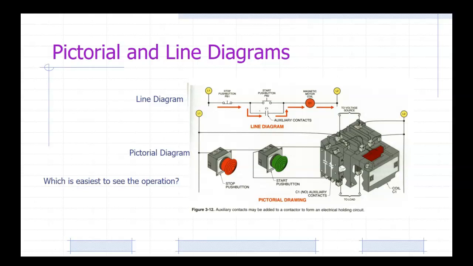Okay? So which one's easier to see how it operates? The ladder diagram, the ladder line. Which one would be better to show you the actual physical connections you need to make? Pictorial. All right.